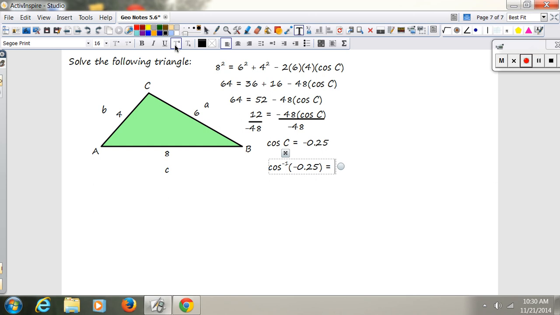We'll look at that when we talk about trig in the unit circle when we get there, but it's going to be an obtuse angle. So we'll do inverse cosine of negative 0.25. You get 104.5 degrees. So the angle C right up here at the top is 104.5 degrees.